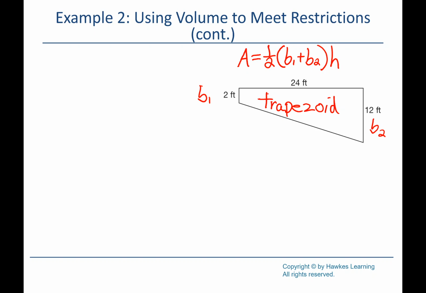And if we're calling those the bases, then we can think about rotating this thing. So this is going to be the bottom. So then that would make 24 be the height. Here h will be 24. So then we can plug into our formula.